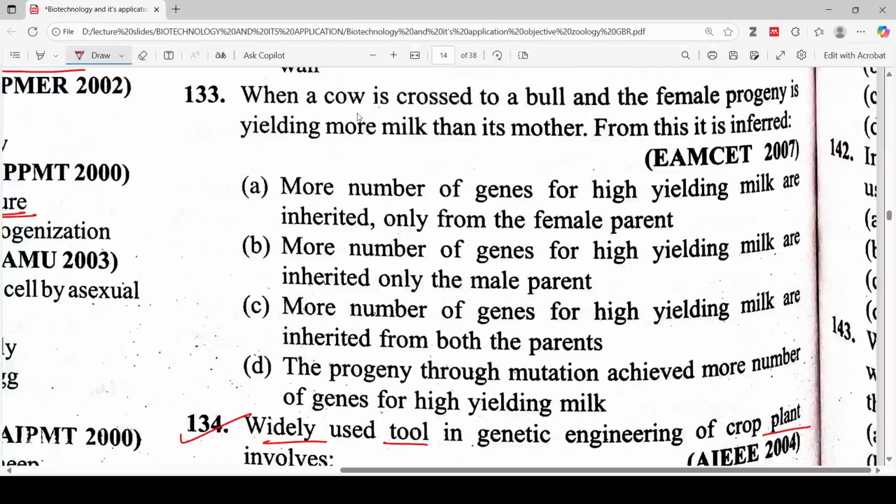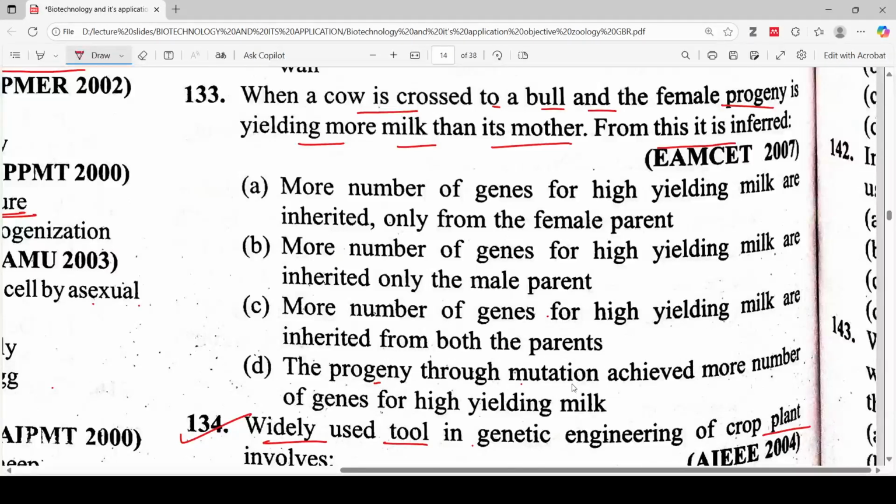The next question. When a cow is crossed with a bull and the female progeny yields more milk than its mother, from this it is inferred that more number of genes for high yielding milk are inherited only from the female parent. More number of genes for high yielding milk are inherited only from the male parent. More number of genes for high yielding milk are inherited from both parents.